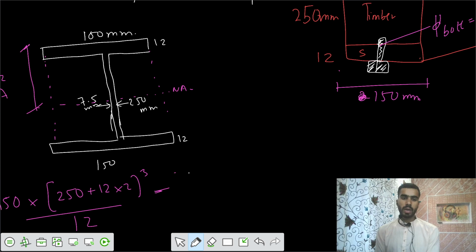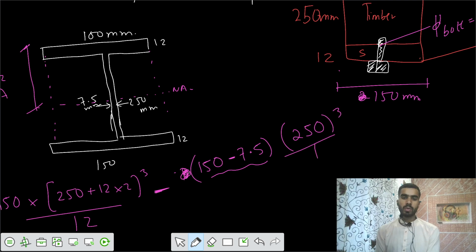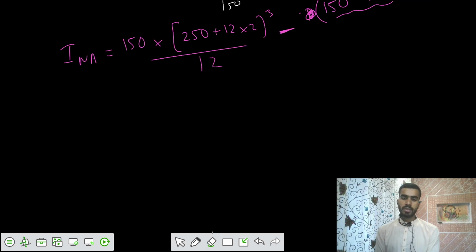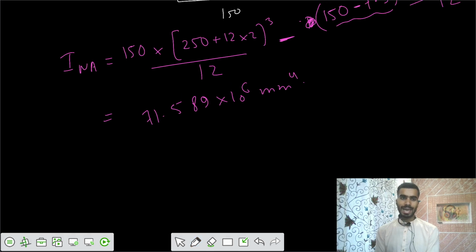The total width is 150, and you subtract the thickness of that web, 7.5, and you are left with that width. B into D is equal to 250 cube by 12, and you can get the value of that second moment of area, which is equal to 71.589 times 10 to the power 6 millimeter power 4. So you got this value of I neutral axis.